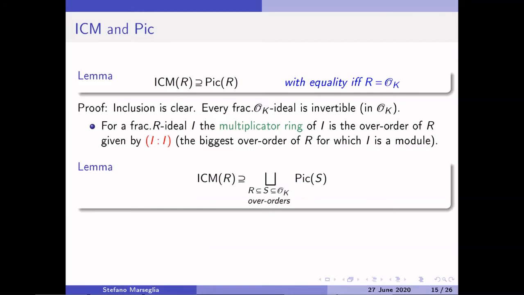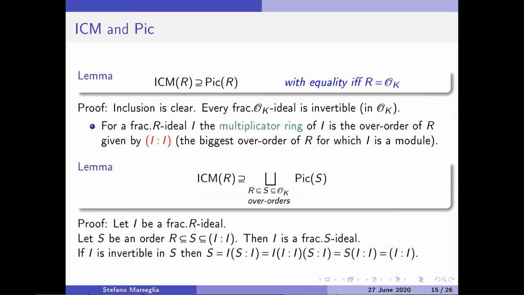Okay, and a lemma, quite easy to prove, I'm going to prove it for you, is that the ideal class monoid of an order R contains not just the Picard group of R, but the disjoint union of the Picard groups of every overorder containing R and contained in the maximal order of K. So the proof goes as follows.